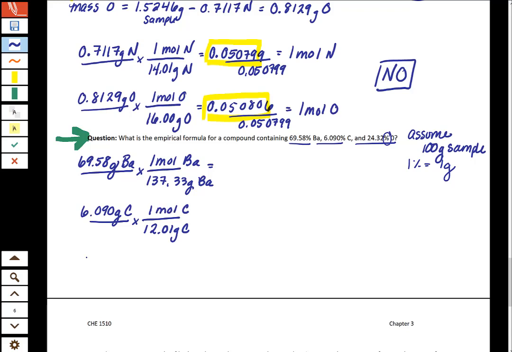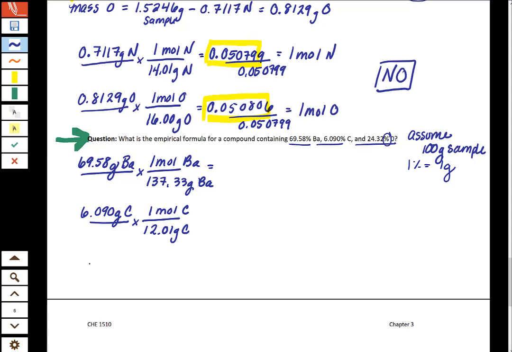And then we're going to get to oxygen, and we're going to take our 24.32% oxygen. We're going to put a g in because 1 gram equals 1%. And then we're going to turn our grams of oxygen into moles of oxygen.